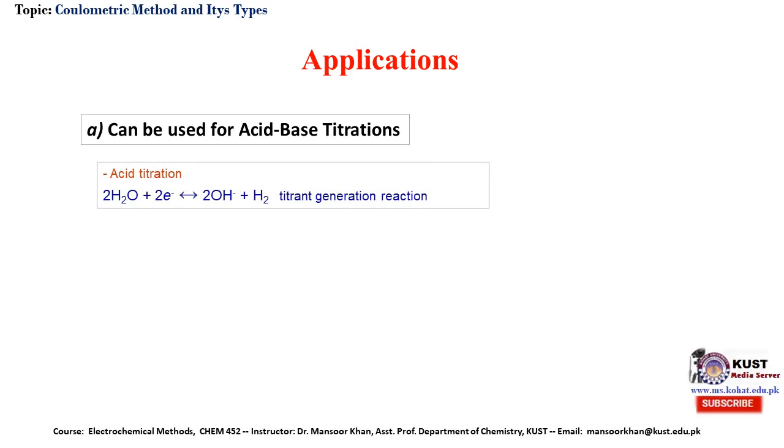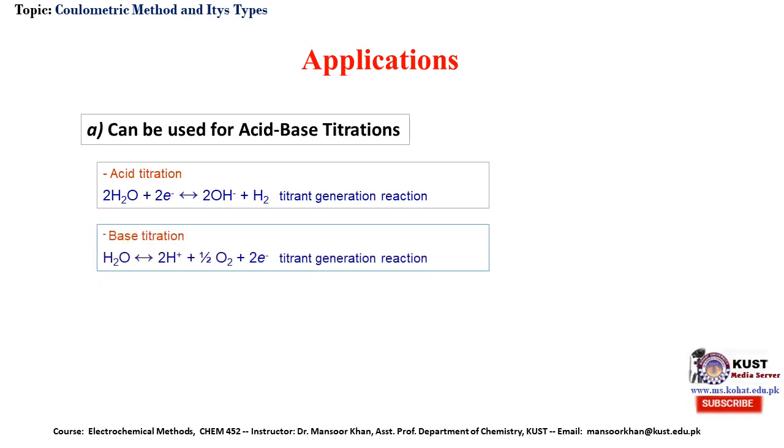The titrant and the analyte are one acid and the other base, while the reaction between them is a neutralization one. So this is acid titration, in which H2 will take the production and will lead to the formation of OH, titrant generation, while this one is the base titration, in which the hydrogen ion production will take place.